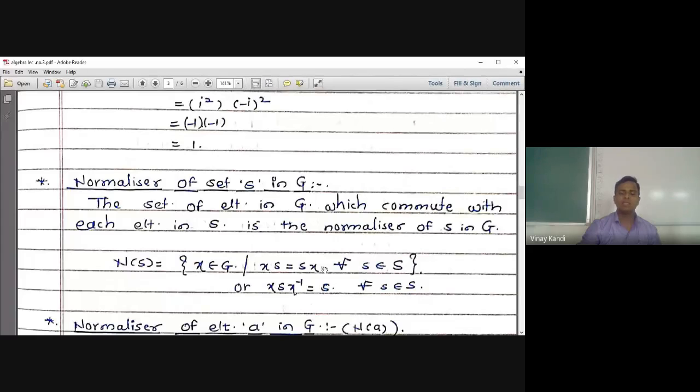This is the definition of the normalizer of a set.